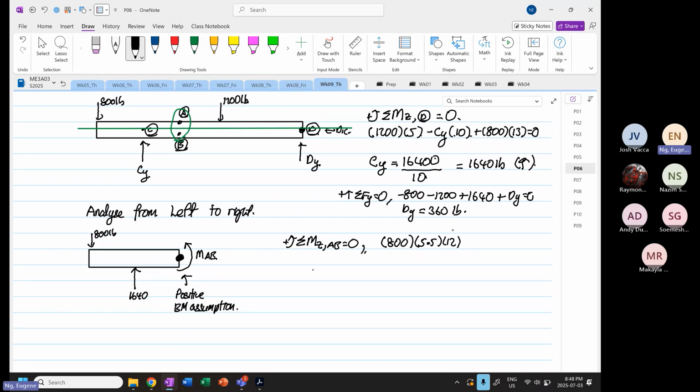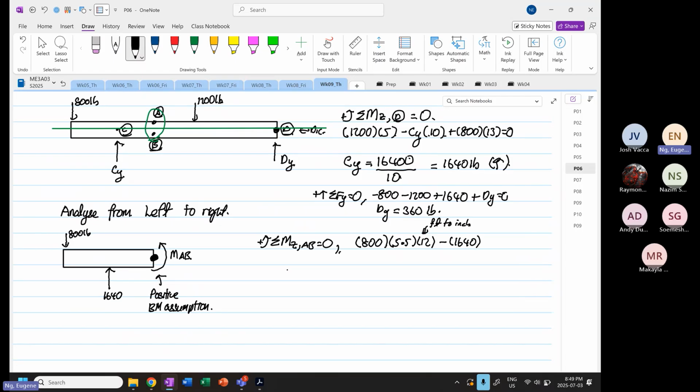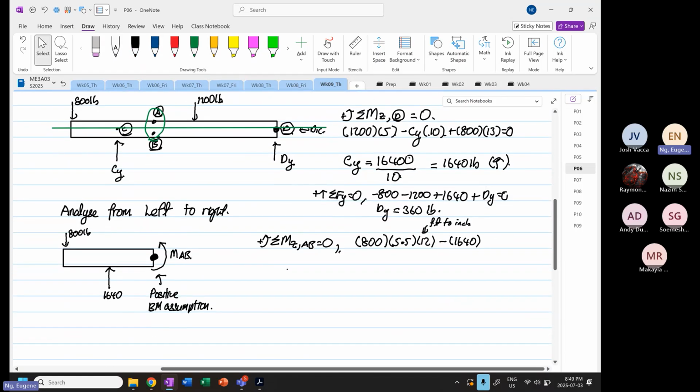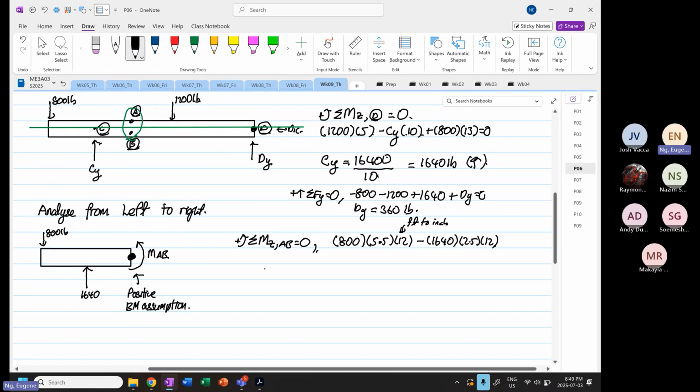The 12 is to convert feet to inch. Okay. And then I'm going to have minus 1640 multiplied by a distance of 2.5 multiplied by 12. And then from the dot, I have positive MAB.